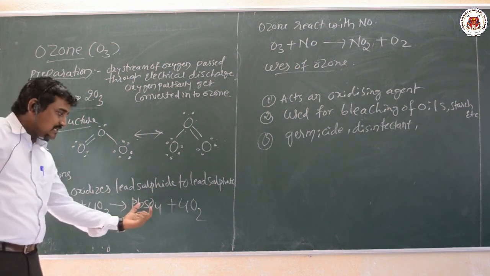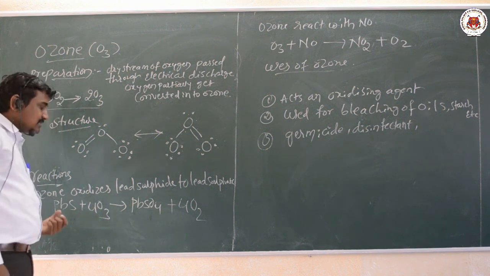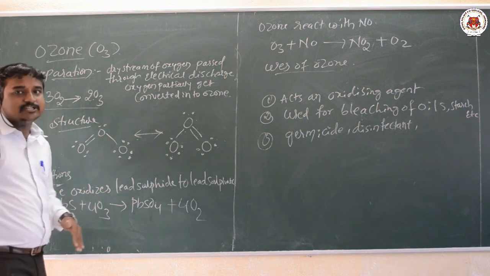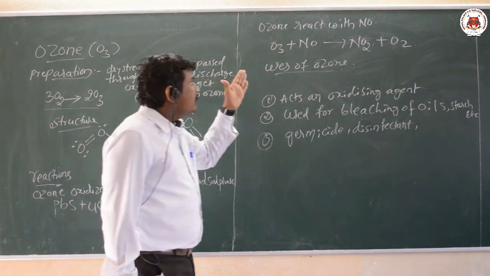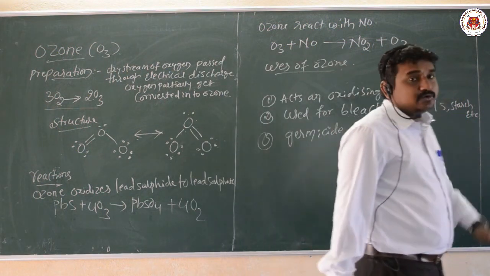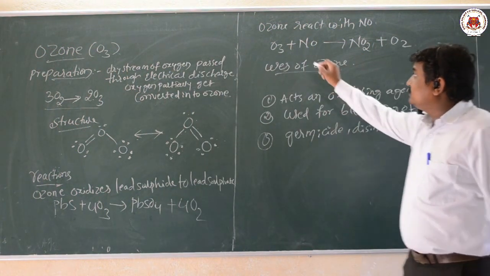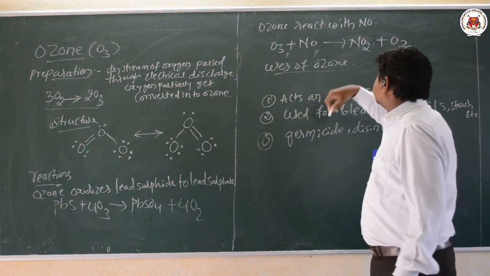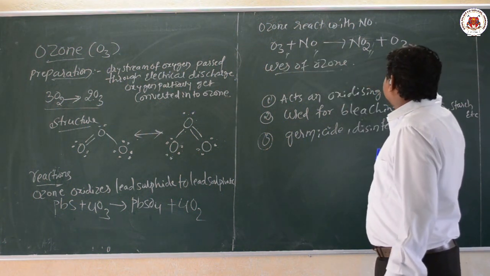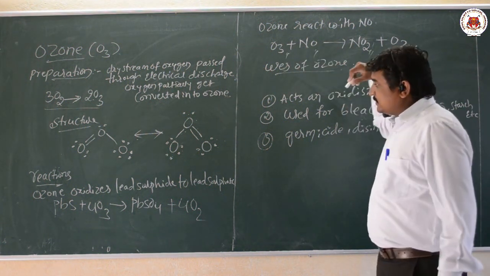PbSO4 means lead sulfate, and PbS means lead sulfide. This is the oxidizing action of ozone. The next reaction is ozone reacting with nitric oxide, which forms nitrogen dioxide and oxygen, O2.